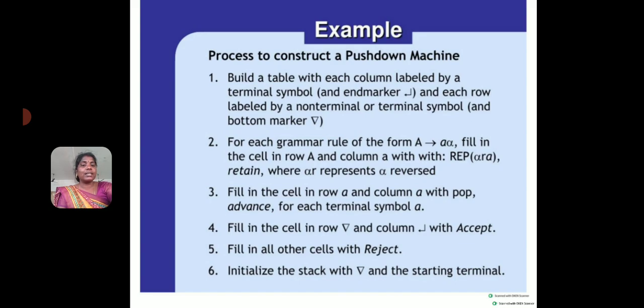Fill in the cell in a row and column with pop for each terminal symbol. Fill in the cell with accept. Fill in all other cells with reject. Initialize the stack with the starting terminal. The overall process is constructed by the pushdown machine. This is the basic example of this.